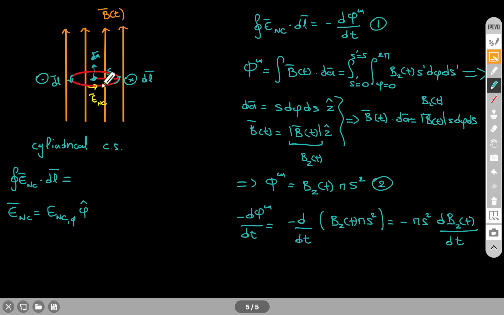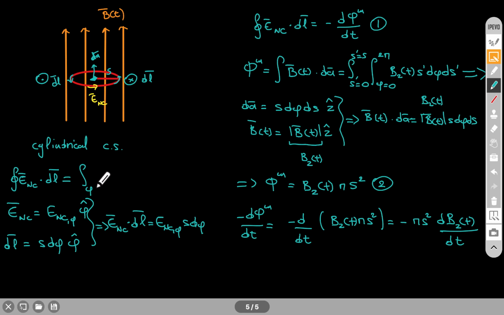I know that the non-Coulomb electric field does not have a z hat component or an s hat component. And because I'm doing the integration around that circular loop and I am going in the positive phi hat direction, I will write dl as s d phi hat, and this will give me the dot product between those two vectors to be just the phi component of the non-Coulomb electric field times s d phi, which I can use here.